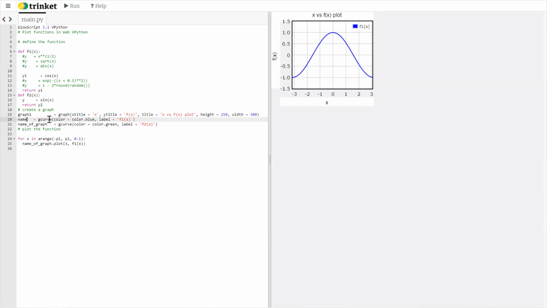We change the function name, x versus f1, and for the second one, x versus f2, with another plot x comma f2.